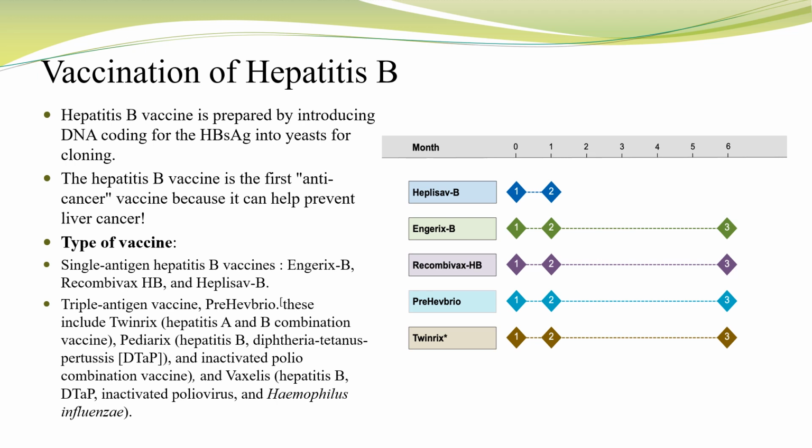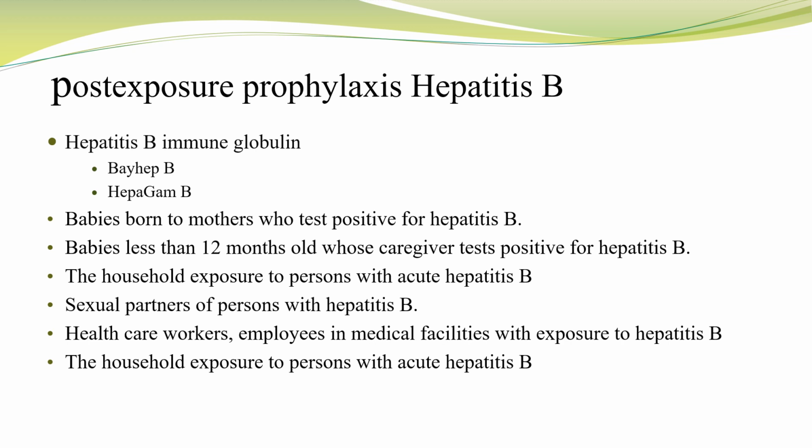We have different types of hepatitis B vaccine. Most of them should be injected 3 times, first month, second month, and 6 month. Post-exposure prophylaxis of hepatitis B is hepatitis B immunoglobulin, that high risk people should receive it, including babies born to mothers with hepatitis B or somebody who lives with hepatitis B, and overall high risk people.